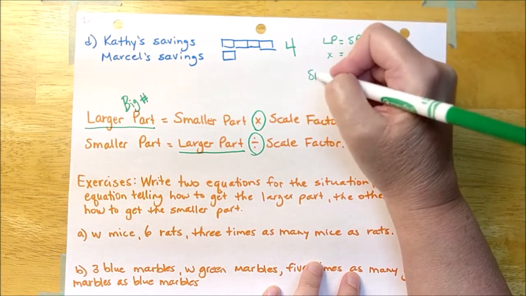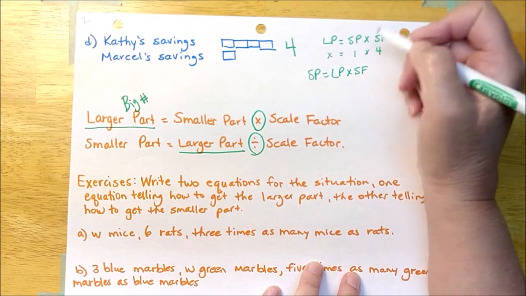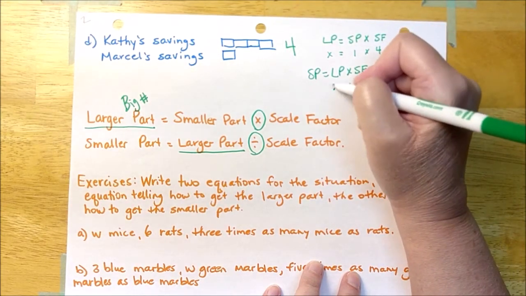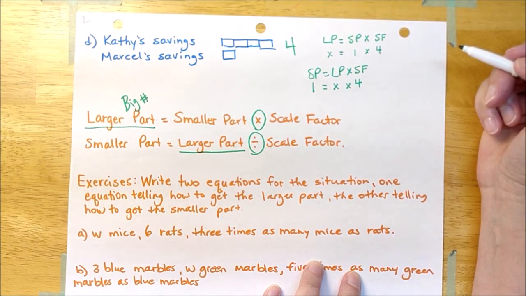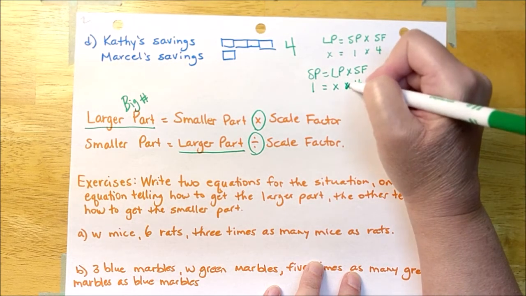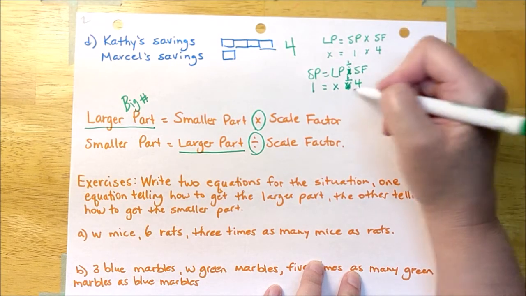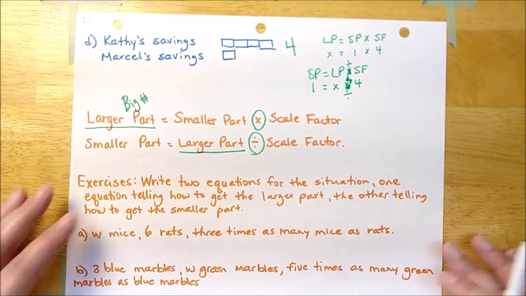So if I wanted to figure out my small part equals my large part times my scale factor is 4, and I don't know my large part, and I know 1. No, that doesn't work. Oh, because it's supposed to be divided by. Whoops, that didn't work out. Okay, so we could figure those out.